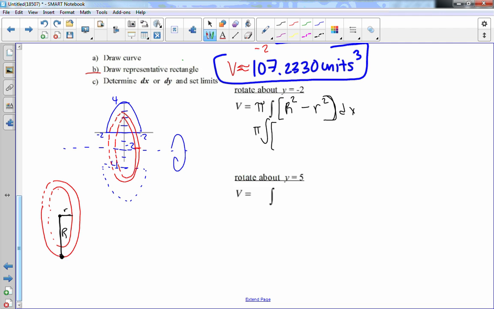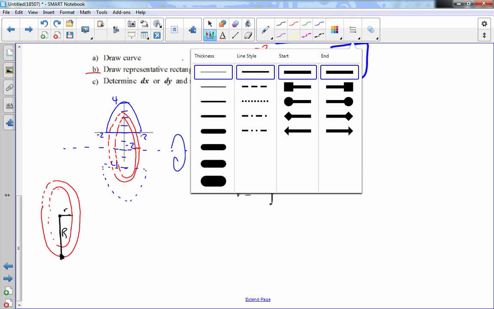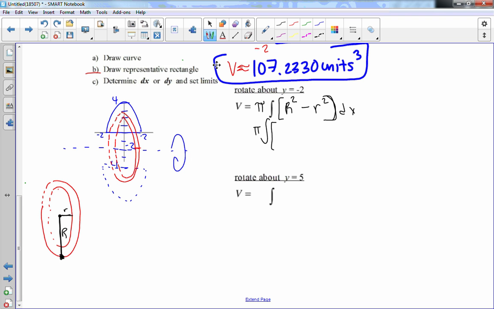Okay, so we need to find the outer radius. Well, the outer radius, let's get a different color, green. The outer radius, remember, is still top minus bottom. Here is my center, because that's where I rotate around. If I go to the outer, what's my function? Top minus bottom.